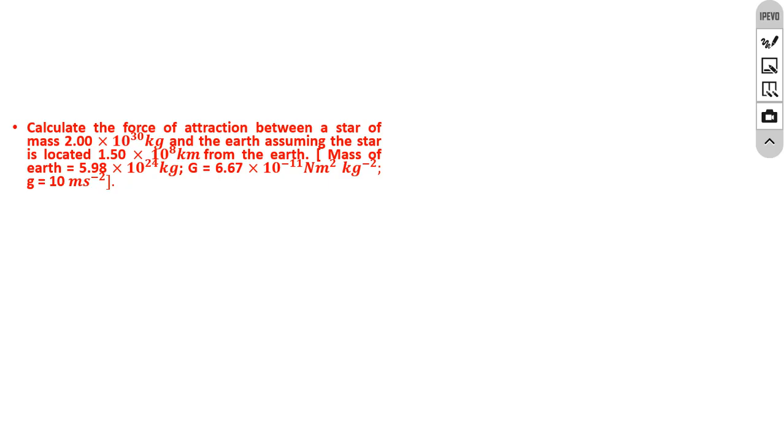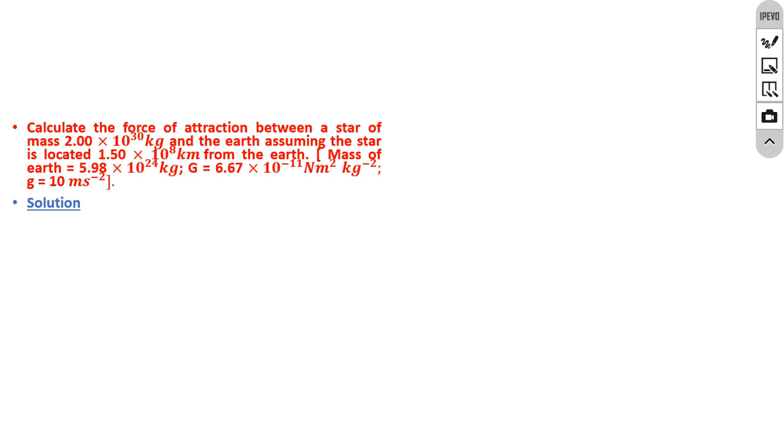Take the mass of the Earth to be 5.98 times 10 to the power 24 kg and the gravitational constant G to be 6.67 times 10 to the power minus 11 Newton meters square per kilogram square. Take g to be 10 meters per second square.